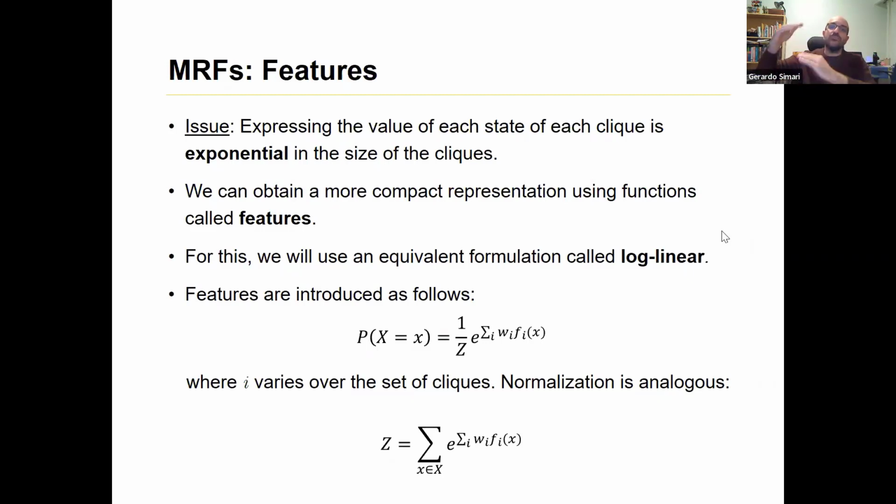So these tables grow exponentially with the complexity of the way the edges intertwine in the graph. This same kind of thing happens in MRFs. Expressing the value of each state of each clique is exponential in the size of the cliques.